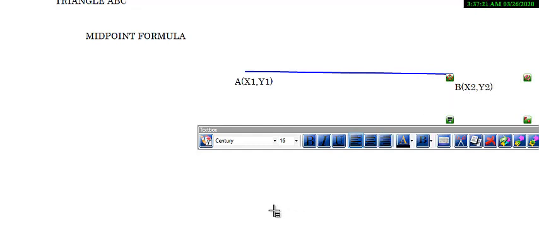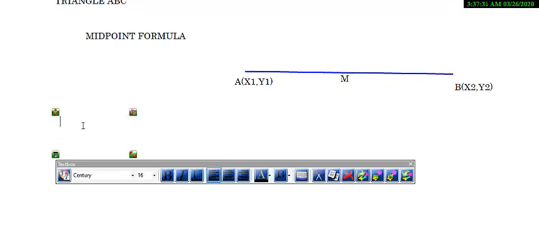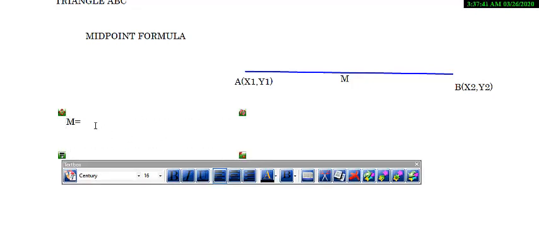How do we find the midpoint, which is M? I'm gonna highlight it here as M, and M will be the midpoint of the segment AB. So I'm gonna write down the mathematical formula for M, which equals the sum of all for the midpoint coordinates.